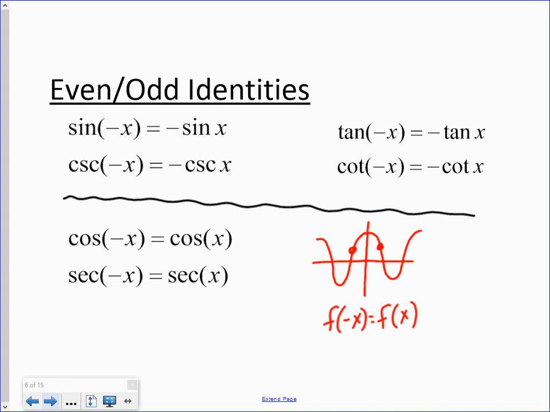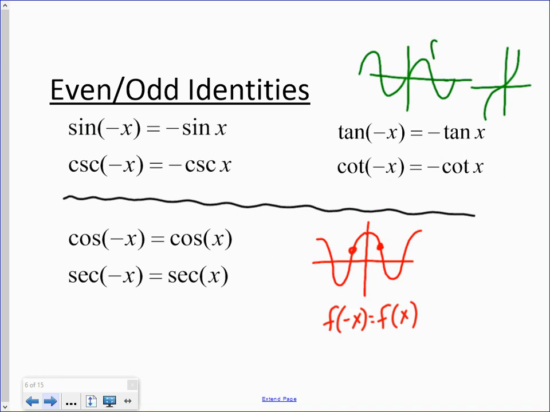These up here are really your odd identities. Sine was the one that went mountain high, valley low. If you imagine extending that on the other side, if you were to rotate that around the origin, it'll map onto itself, so it has odd symmetry. Same with tangent. It looks something like this. Rotate it and it'll map onto itself.